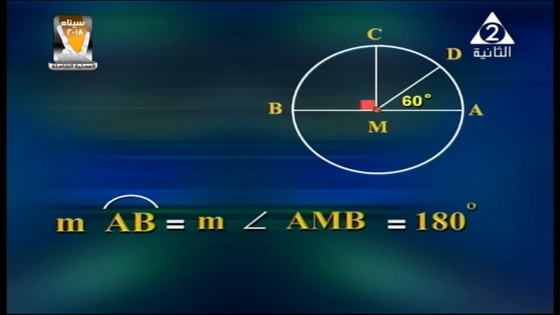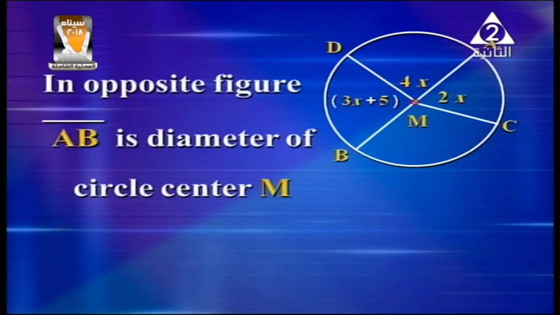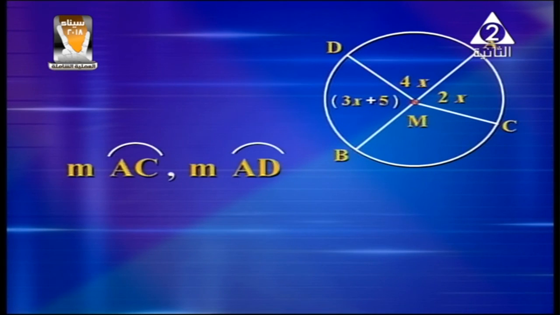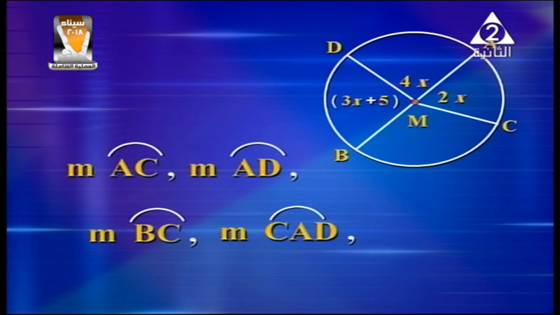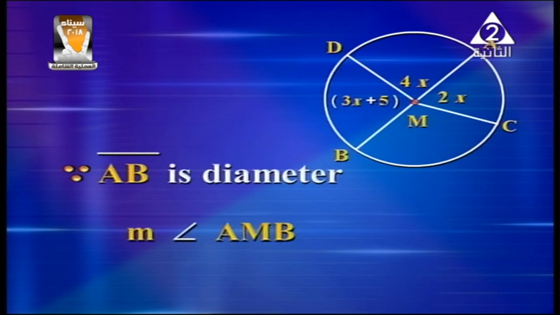Another example. In the figure opposite, AB is the diameter of circle center M. Find the value of X. Then find measure AC arc, measure AD arc, measure BC arc, measure CAD arc, measure CBD arc. First of all, since AB is a diameter, therefore measure angle AMB equals 180 degrees.